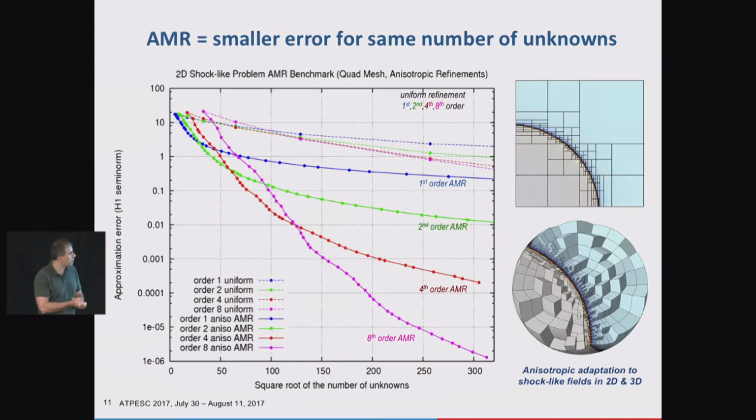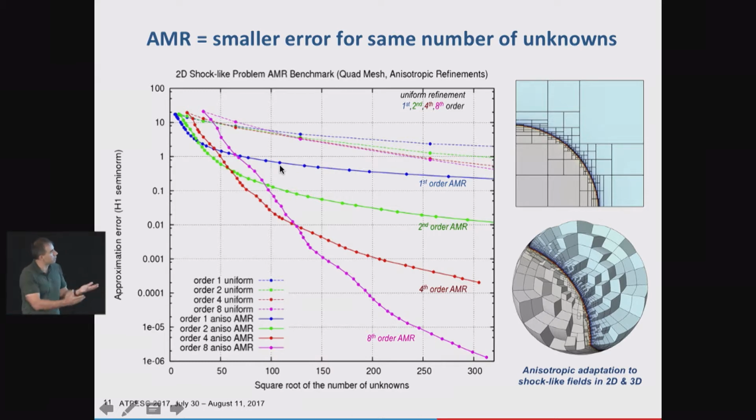We alluded to this earlier, but this is a plot that shows you the benefits of adaptive mesh refinement. It's on this 2D problem that models a shock wave, and we're comparing uniform refinement, for first, second, fourth, and eighth order, and the approximation error in H1 for a given number of degrees of freedom on the x-axis, with what you get if you do adaptation.